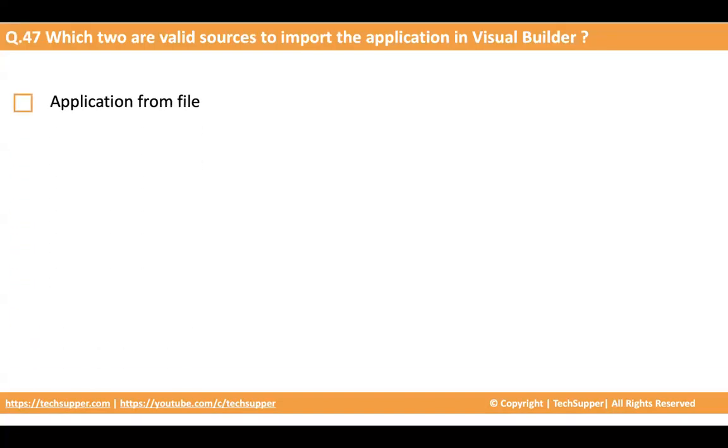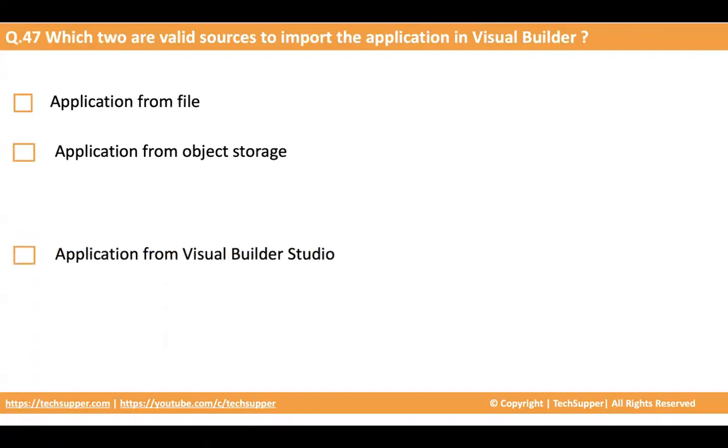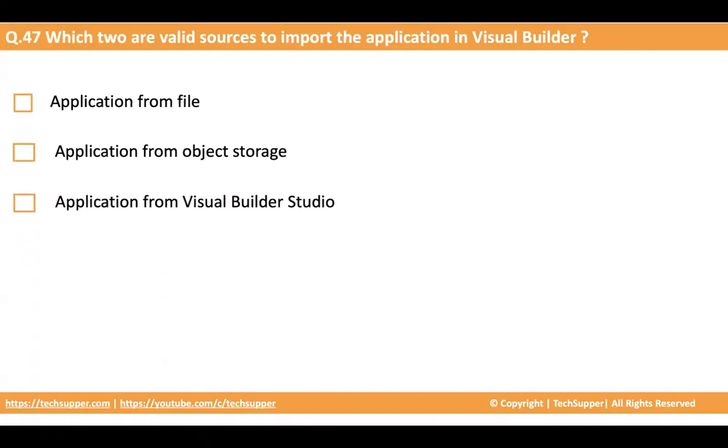Application from file, application from object storage, application from Visual Builder Studio, application from Google Drive. So the correct answer is application from file and application from Visual Builder Studio. So you can use these two sources to import the application in Visual Builder.